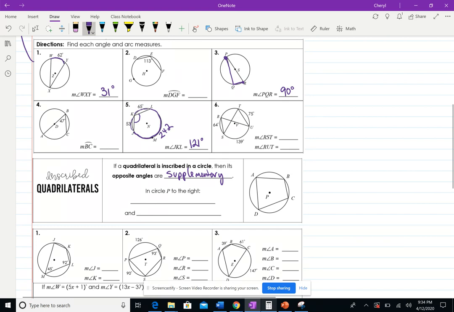In circle P to the right, the measure of angle A plus the measure of angle C is equal to 180, and the measure of angle B plus the measure of angle D is also 180. Okay, so let's try it.